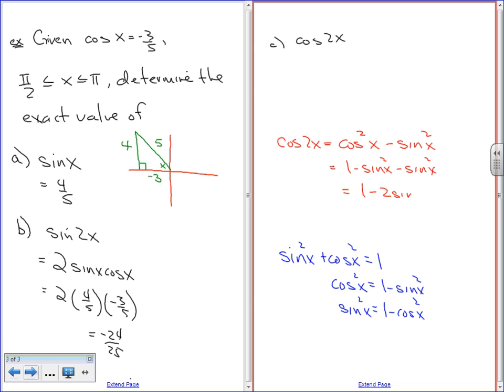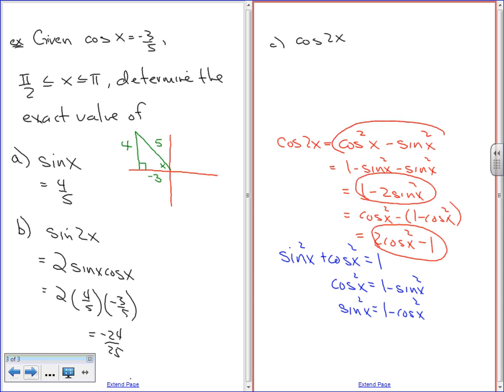And when you simplify, you get this expression. So that's the second formula. Or you can change that the sine x squared is 1 minus the cos x squared, doing some math, and you get that. So there's this, or this.